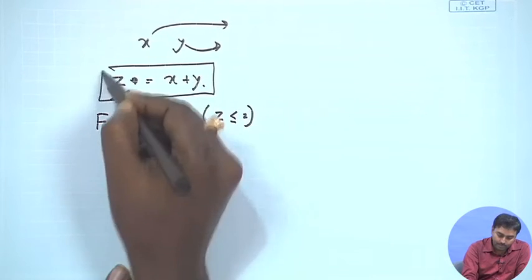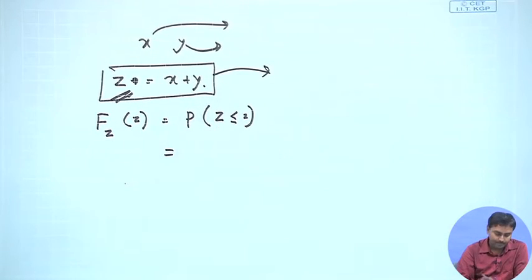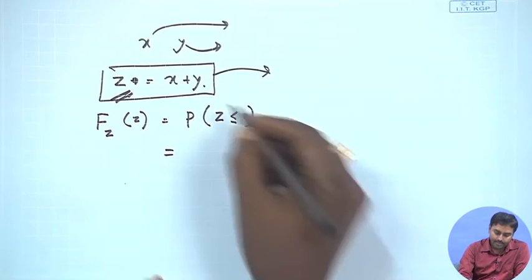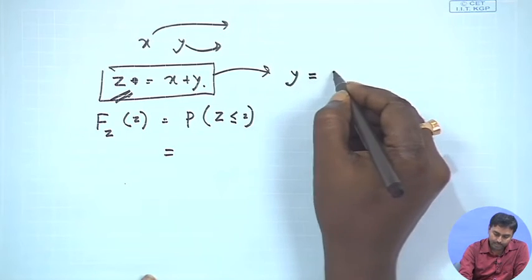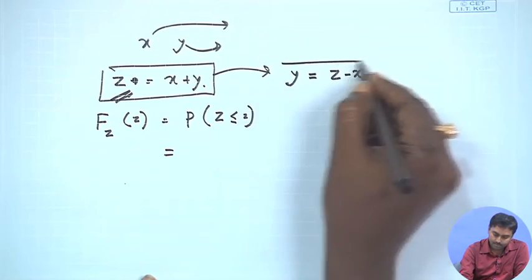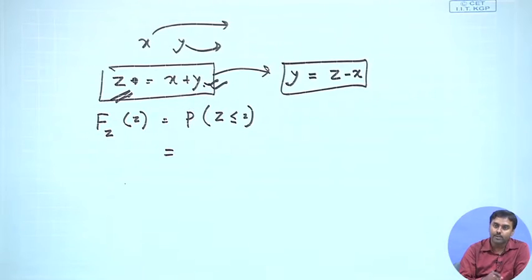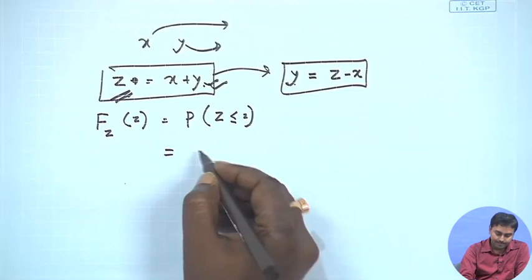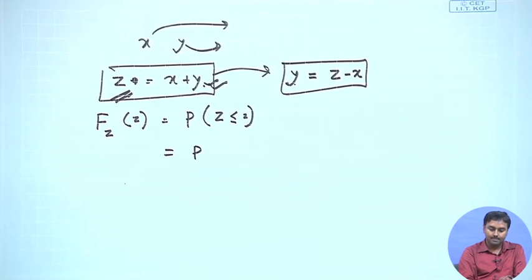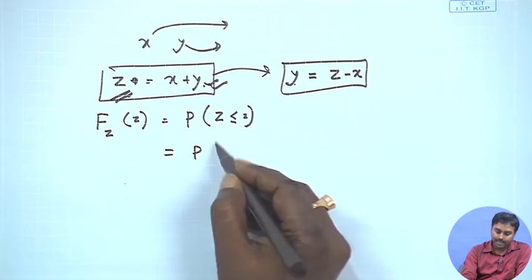From here, what do we know? If the relationship is that z is x plus y, then I can always say y must be z minus x.